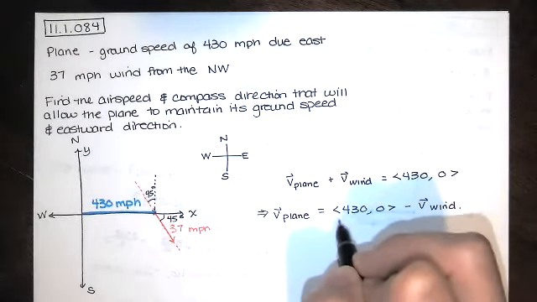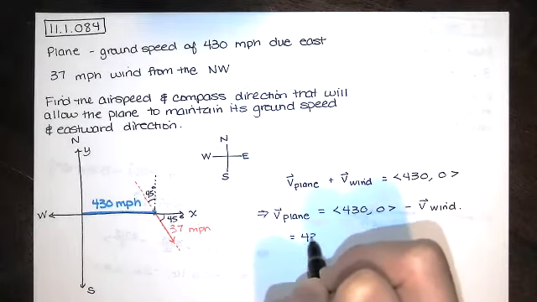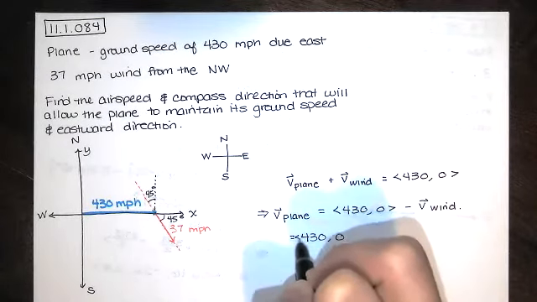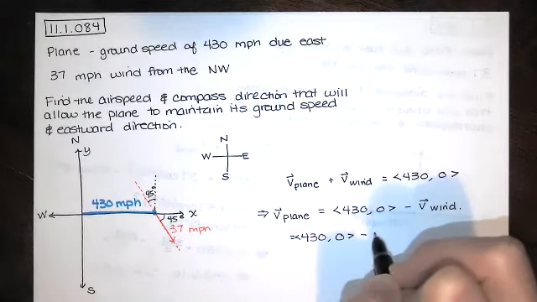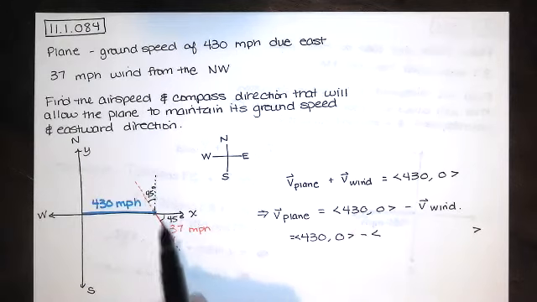So we'll take the velocity that we want, that final velocity, and we'll subtract the velocity of the wind. Now, the velocity of the wind is represented by this vector here.